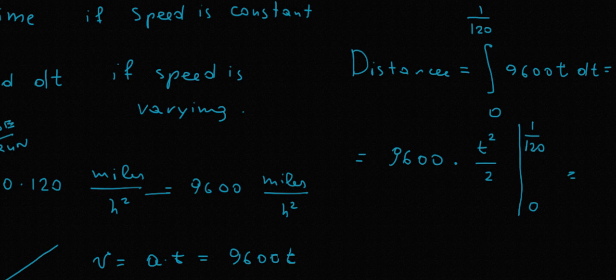Now when we substitute t equals 0 into this antiderivative, the result is 0. So we only really need to use the upper limit, 1 over 120. And that gives us 9600 times 1 over 2 times 120 squared.